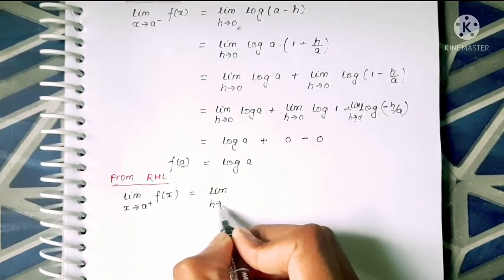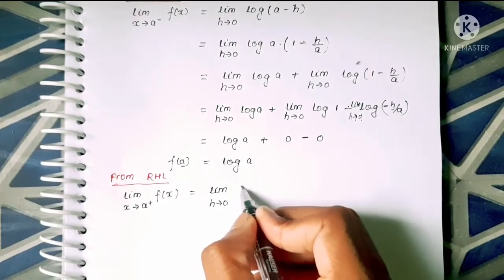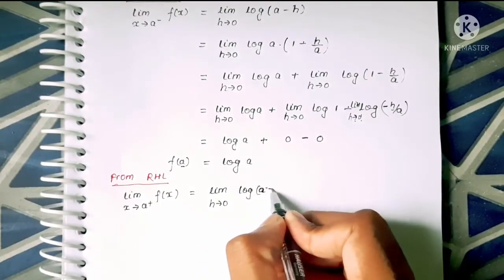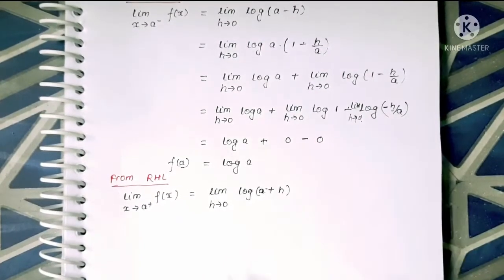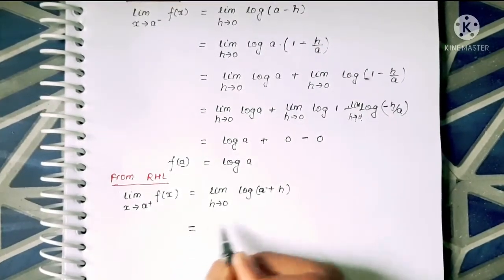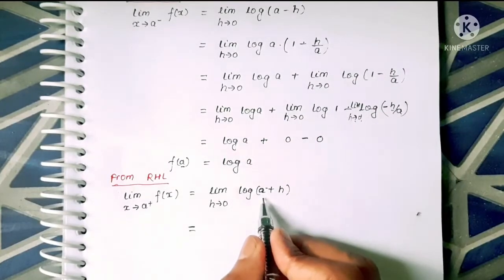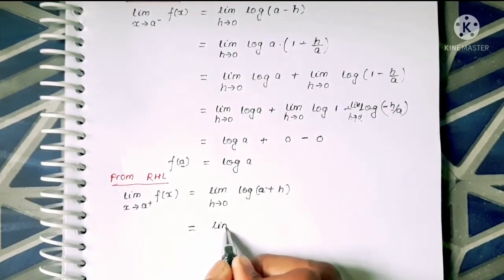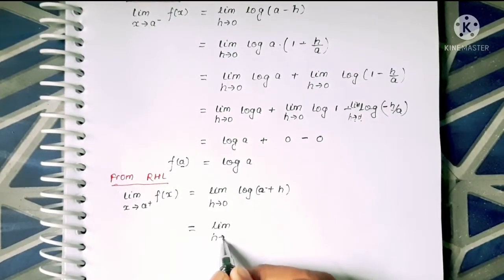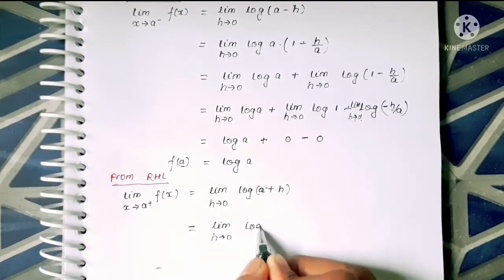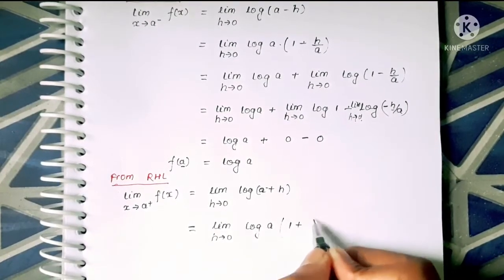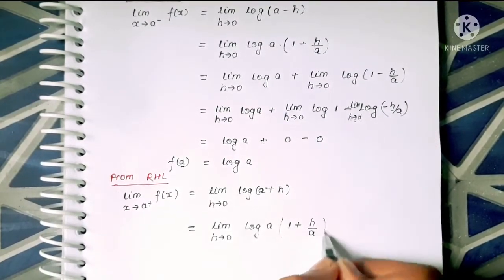When h tends to 0, f(x) becomes log of a plus h. Then we will take a common in both, so it will become limit h tends to 0 of log a into (1 plus h by a).